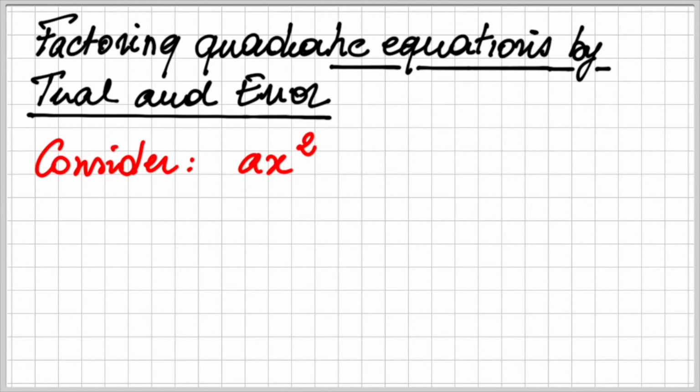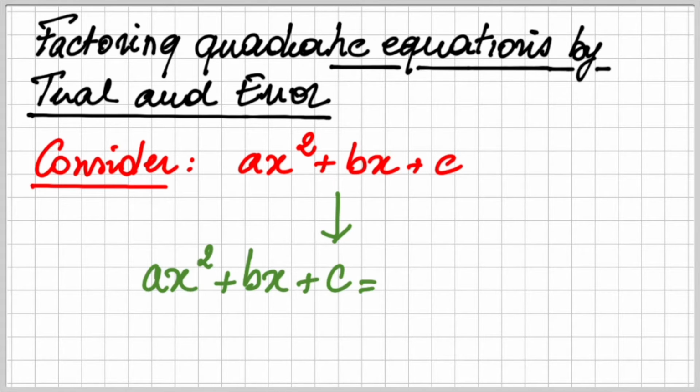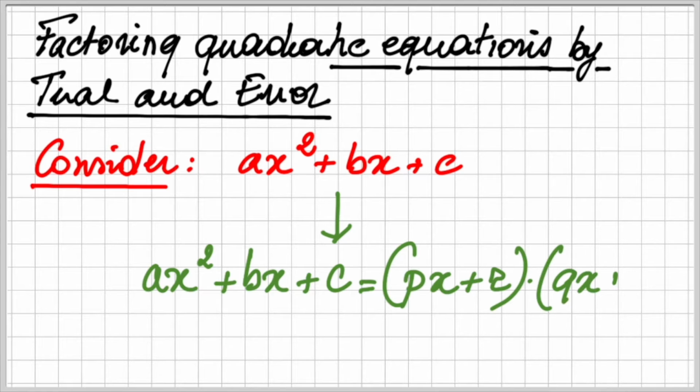And what we are doing basically, when we have a quadratic equation of the form ax squared plus bx plus c, we're trying to write this expression as a product of two first-degree polynomials, px plus r times qx plus s.